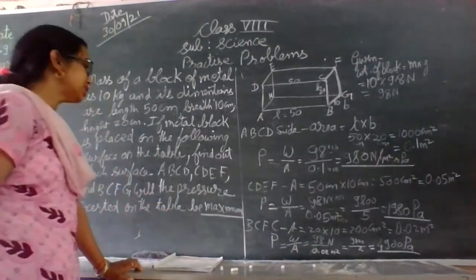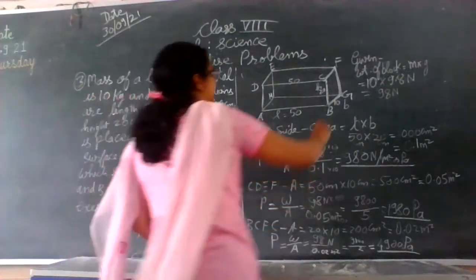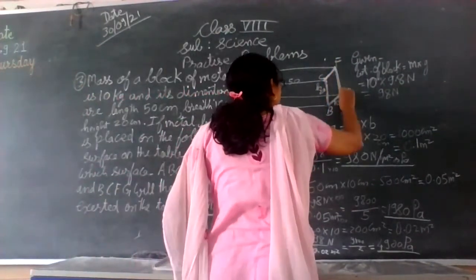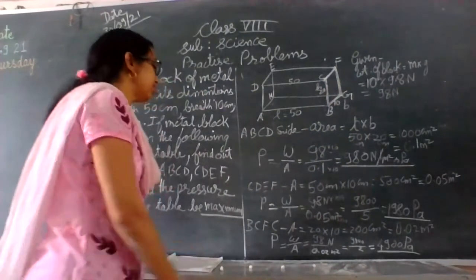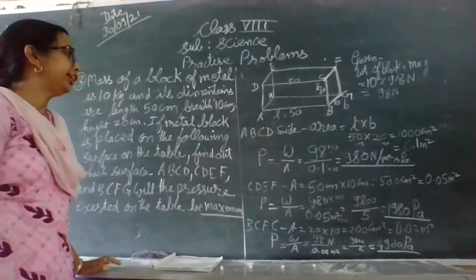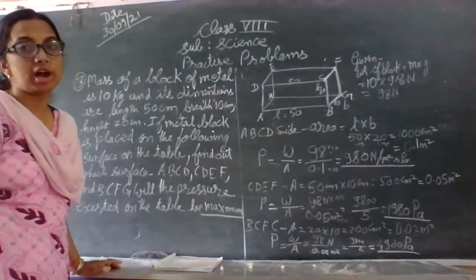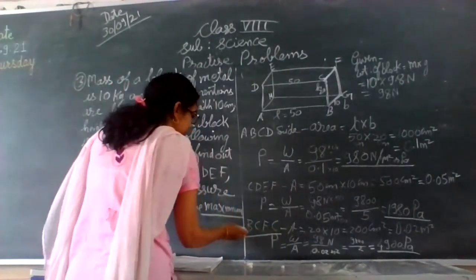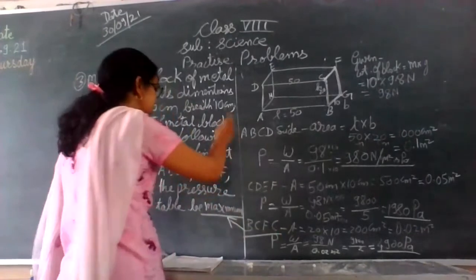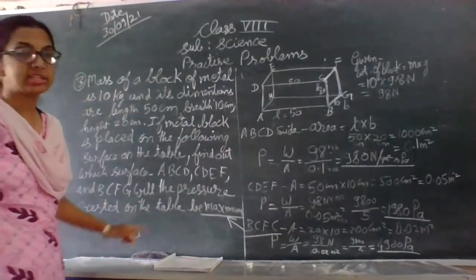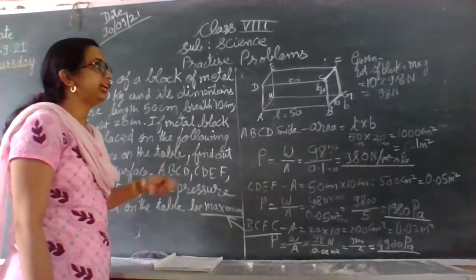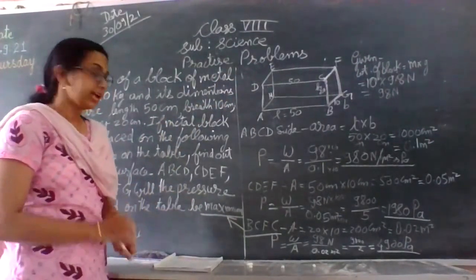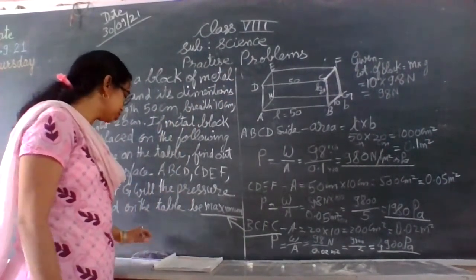So the last side BCFG is going to apply maximum pressure on the table on which this block is being kept. Hope you understood this.